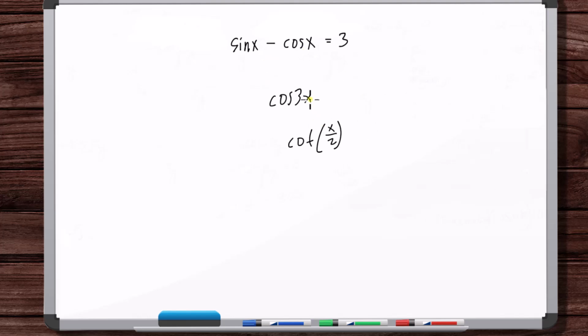But if at least one of the trig functions has stuff going on inside of the argument, then it falls into the other category, non-single angle. Like this is a triple angle, this is a half angle, these are single angles. Or even a shifted trig function, maybe sine of x plus 2. If you had one of these in the trig equation, that would fall out of the category of strictly single angle.